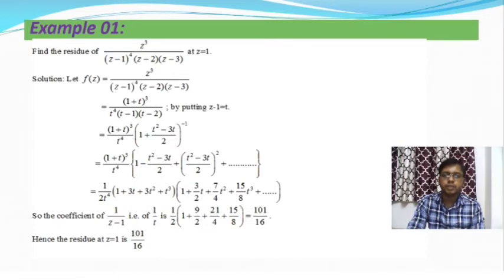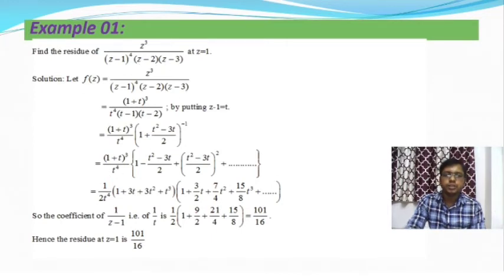After putting z equal to t plus 1, we get (1 plus t) whole to the power 3 by t to the power 4 into (t minus 1) into (t minus 2). From this we are going to find the Laurent series expansion, and the coefficient of 1 by t, that means 1 by z minus 1, is called the residue of this function.